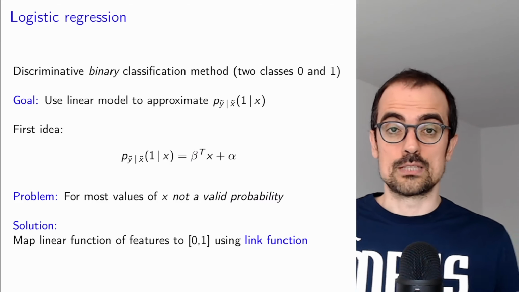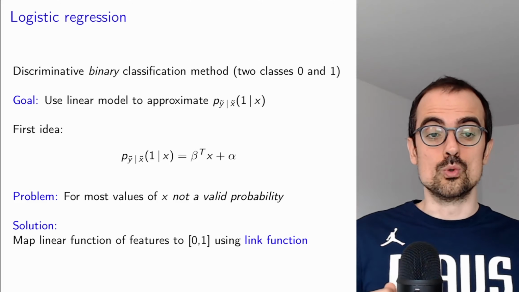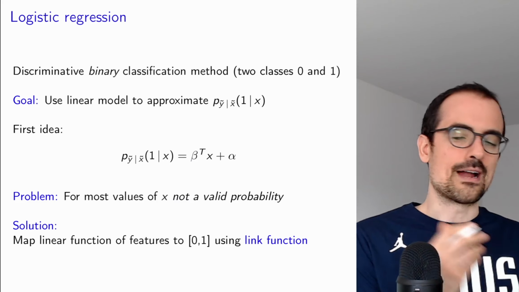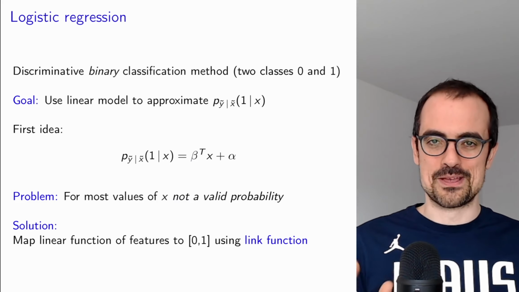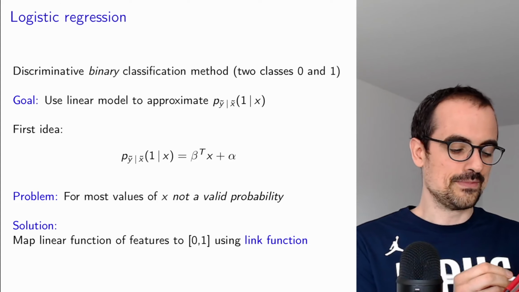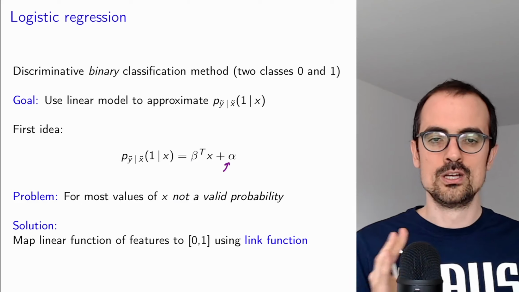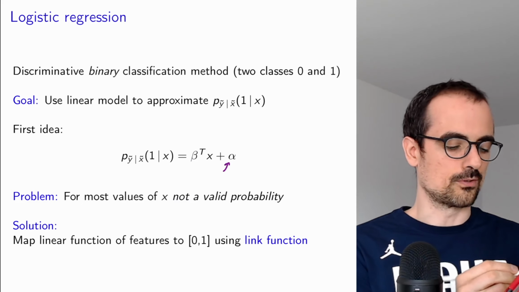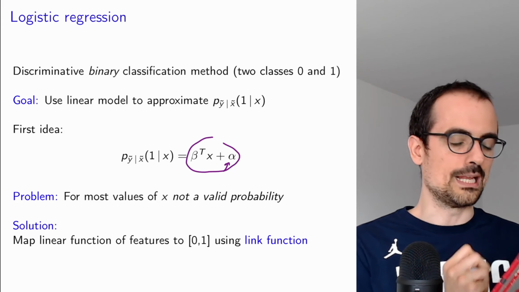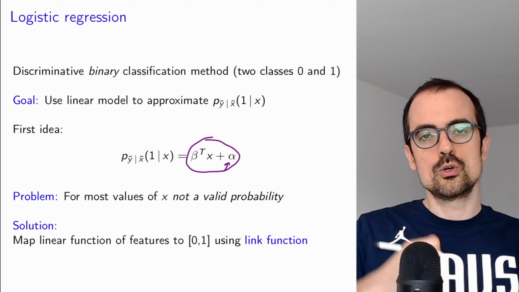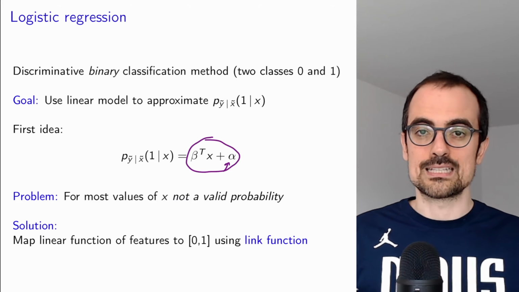The solution that we're going to apply here is to still compute a linear, well, rather affine function. I'm in the math department, so maybe I should be a little bit precise about this. This is an affine function because there's an additive constant, but people call this a linear model, and that's what I'm going to do, just for clarity. So we're still going to compute a linear function of the features, but we're not going to directly interpret that as a probability.